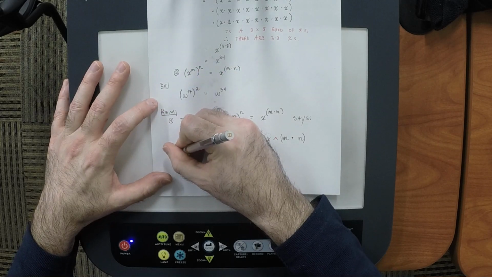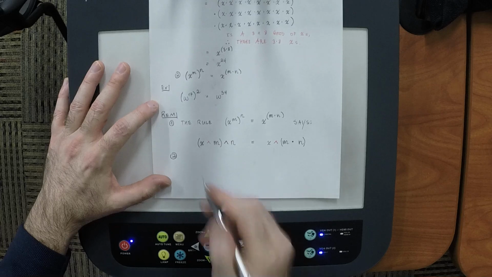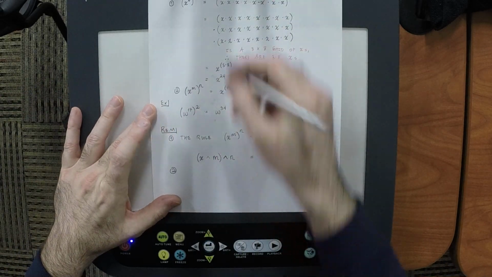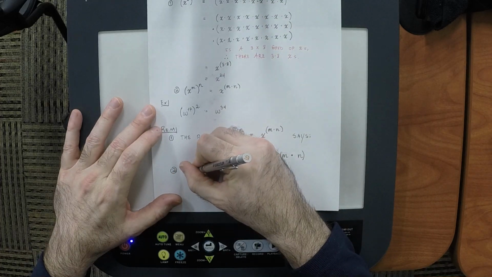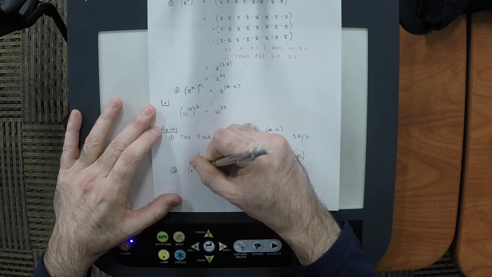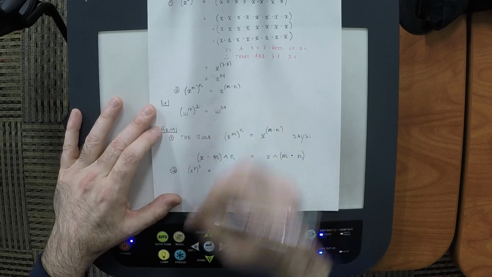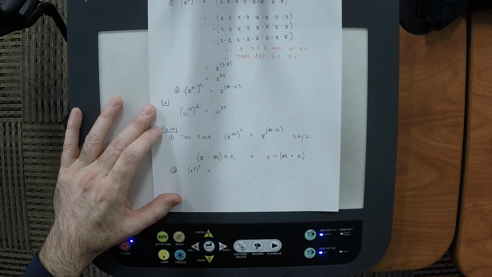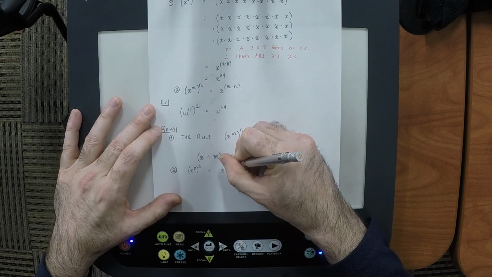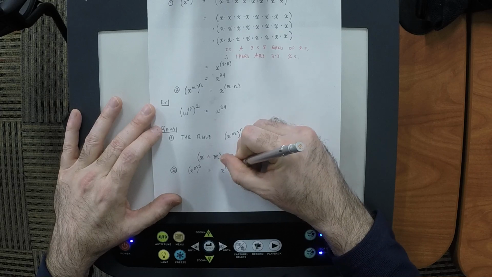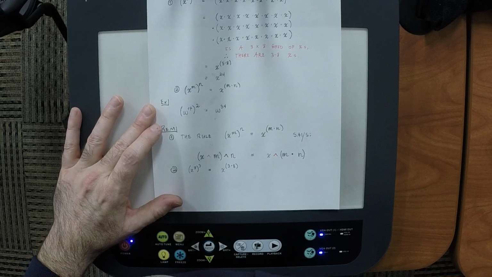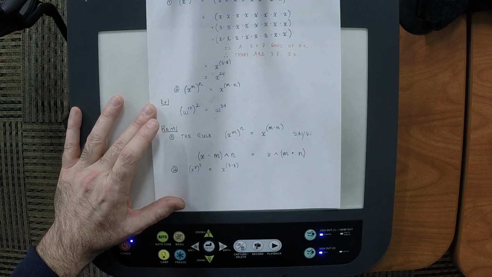And to be clear about the way this works, it's something like this. On the exercise up here, we said that x to 8, cubed, using the rule, was x to exponent 3 multiplied by 8. But multiplication is commutative.